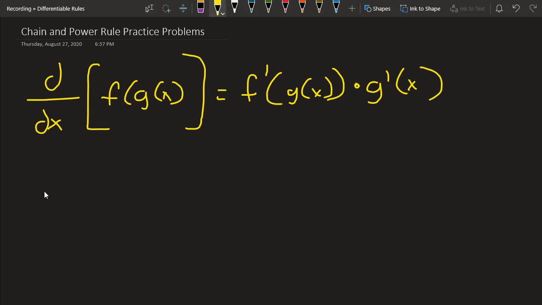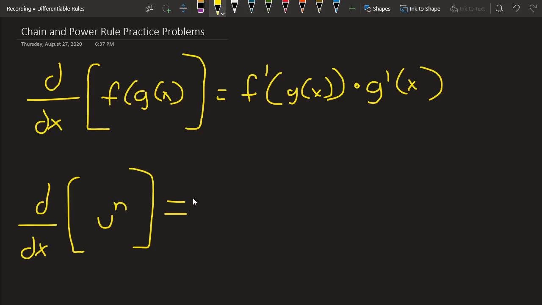And then for the power rule, if we're asked to find the derivative of u to the power of n, it would just be n u to the n minus 1 times u prime. So, knowing these two formulas, let's get right into the first problem.